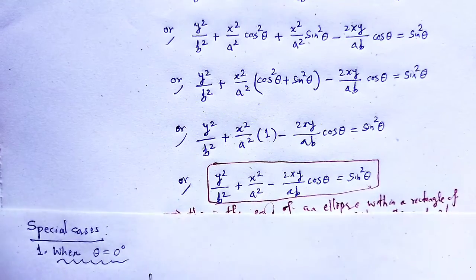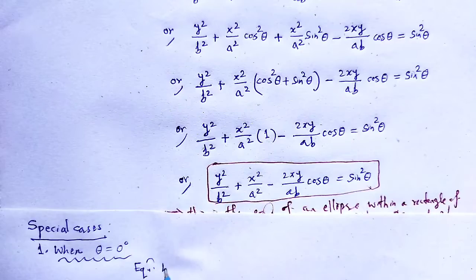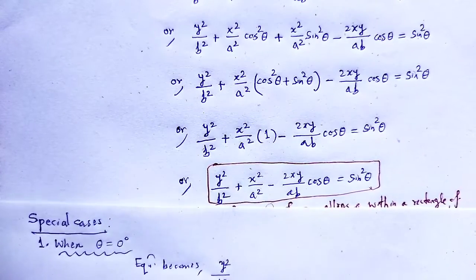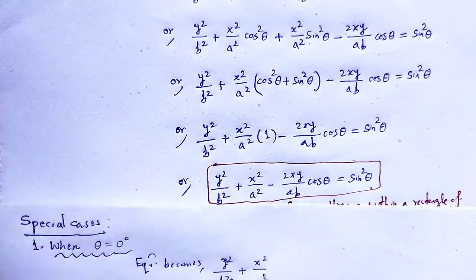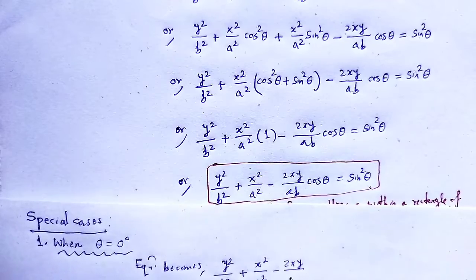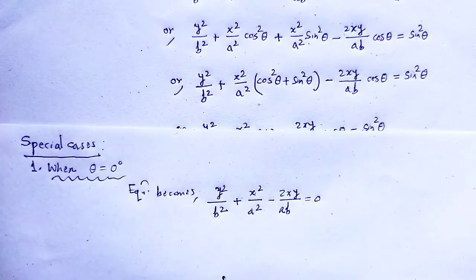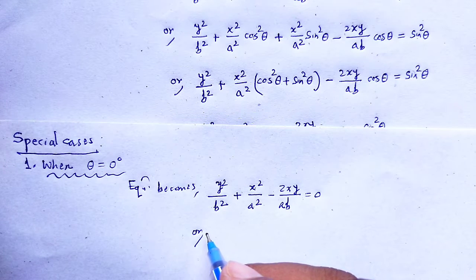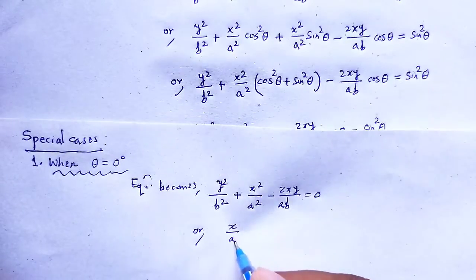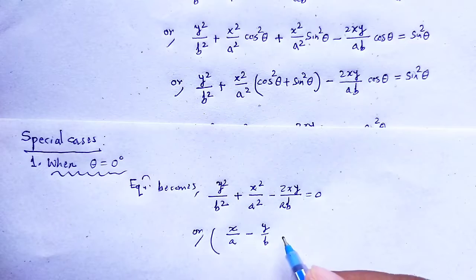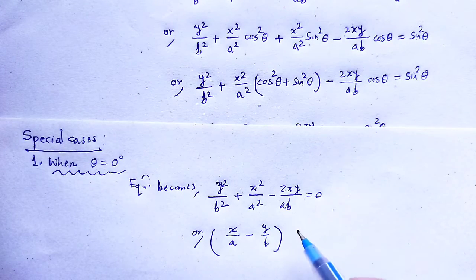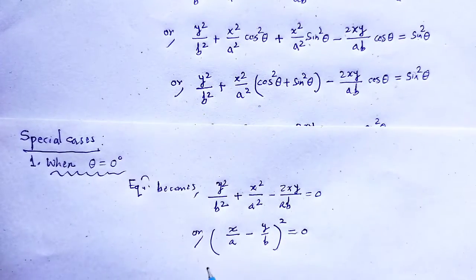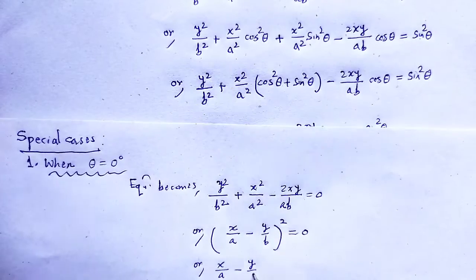So the equation becomes y square by b square plus x square by a square minus 2xy divided by ab is equal to 0, or it is x by a minus y by b whole square is equal to 0, or x by a minus y by b is equal to 0.